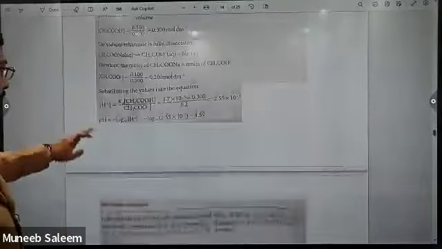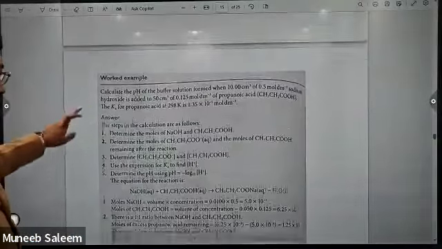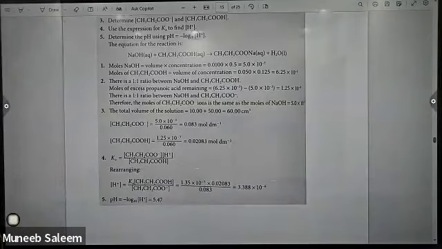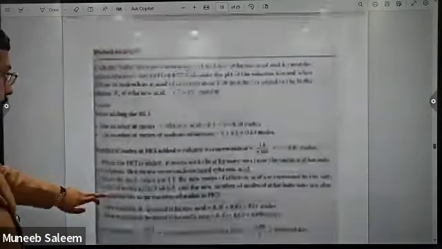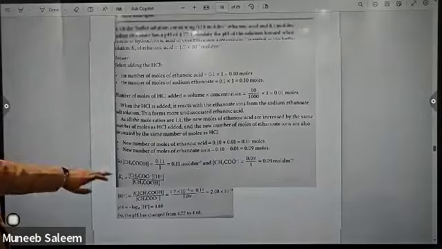After that, we did some portions of these numericals for the buffer solution. So we covered these questions as well.